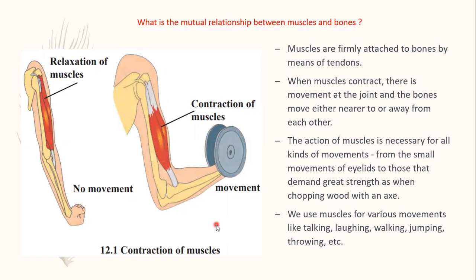Now when a muscle contracts, as you can see, there is movement, right? The man is lifting up the weight, and the bones are moving nearer to the muscle. Either this bone will move near to the muscle, or this bone will move away from the muscle.